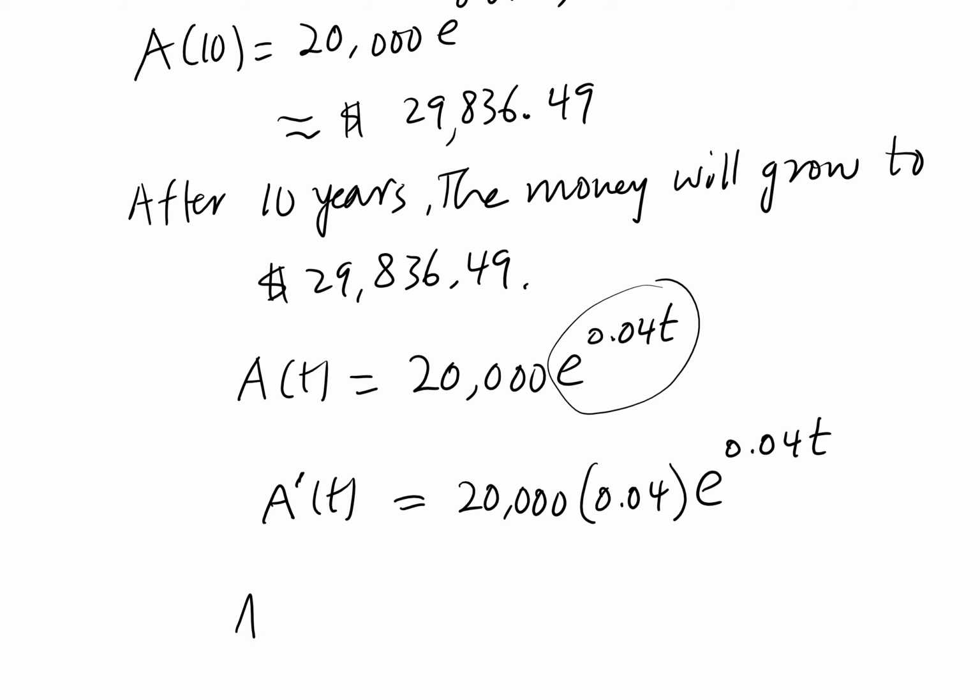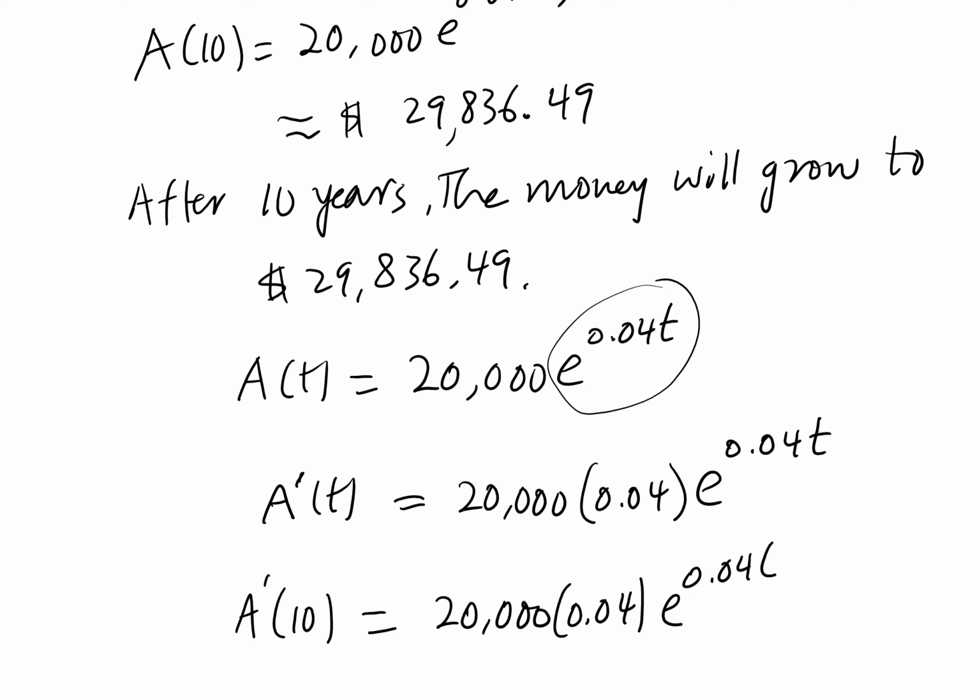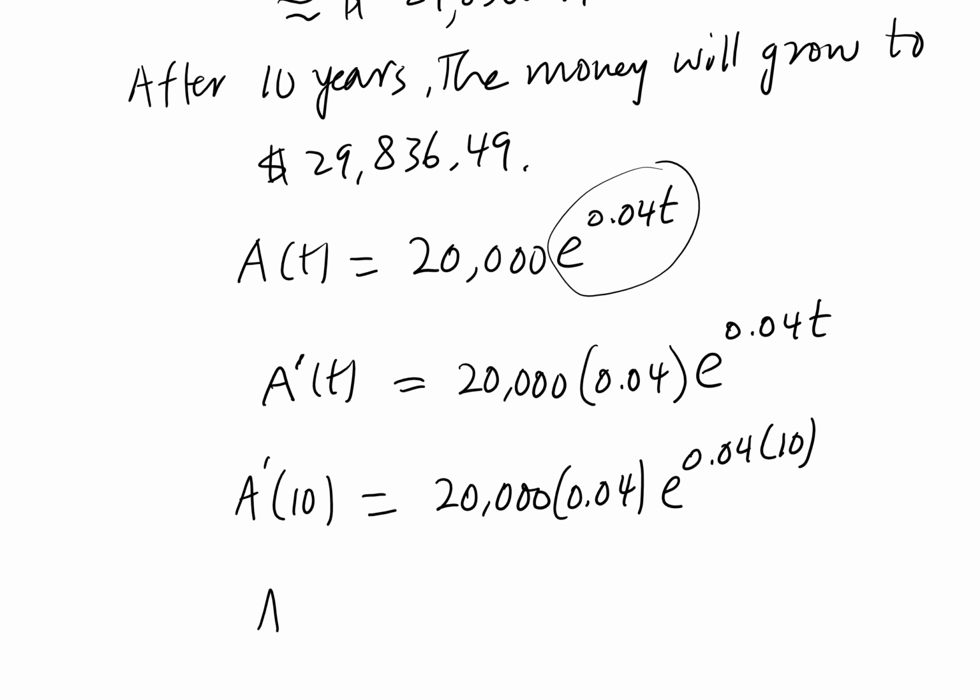And then if I want to find A prime at 10, all I have to do is 20,000 times 0.04 times e to the 0.04 times 10, like that. You're going to put that into the calculator, as I'm doing right now. And that would give us 1193.46.